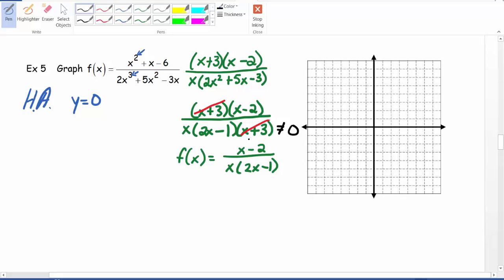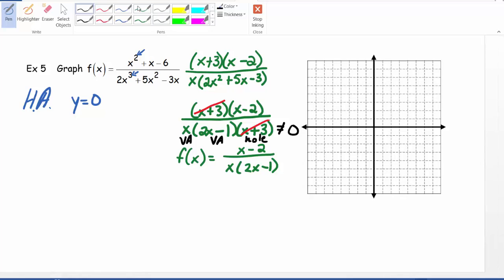The only thing that changes with that x plus 3 cancellation is that instead of a vertical asymptote there, what we see is a hole. The 2x minus 1 is still going to be a vertical asymptote. Likewise, this x, even by itself, is still also a vertical asymptote. So again, the cancellation just determines that we have a hole there.